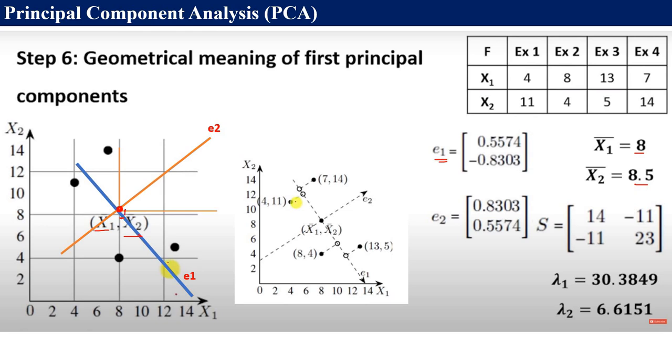So we'll get the first value here. So E1 is our first principal component direction. For the second, it is positive 0.8 and 0.5, so we'll get it here. This is our second principal component direction, for our eigenvectors. So this becomes our principal component, and that is how we can plot.